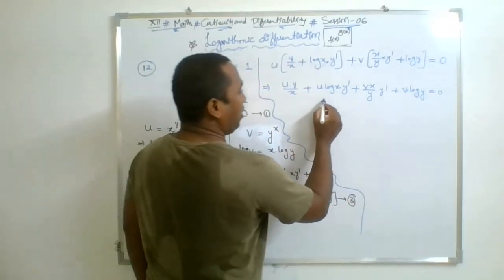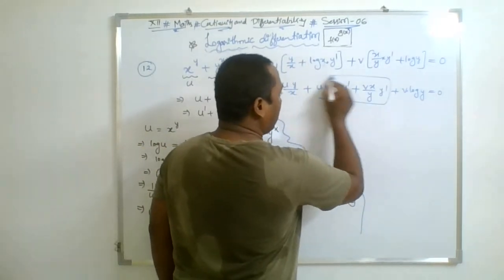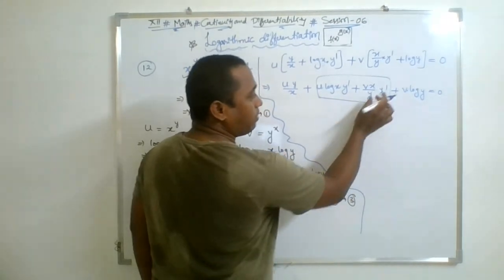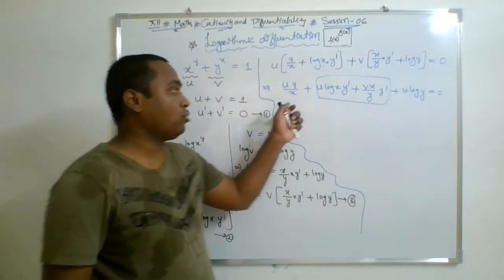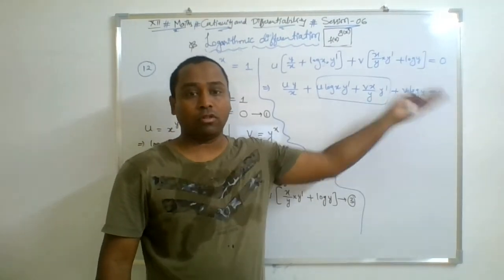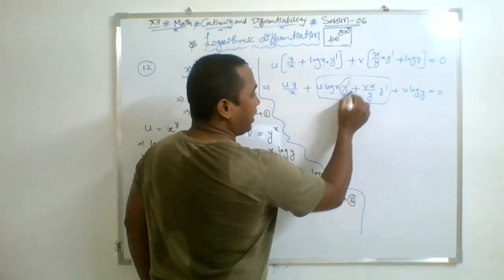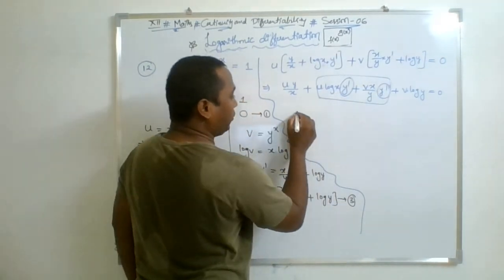Now simply group the y dash terms, where you will find the y dash, that is dy by dx terms, and the rest of the terms you need to shift to the other side. From these two terms I can take y dash as a common coefficient.